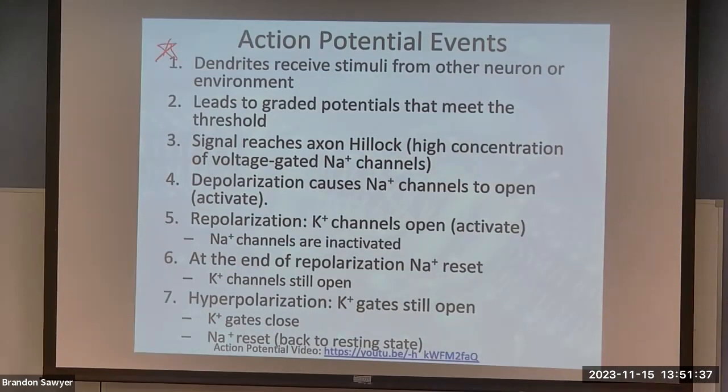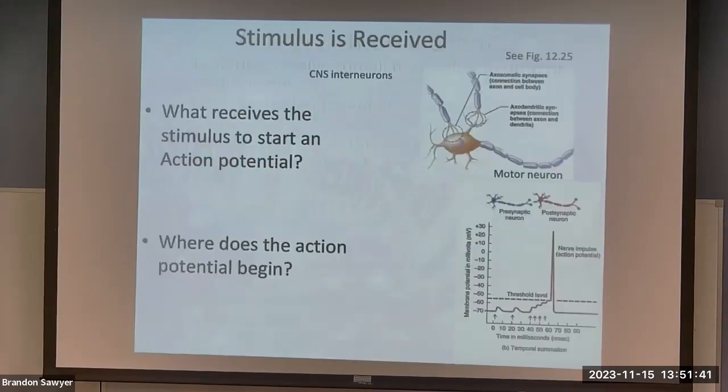Okay, so these are the steps that we just walked through. What we'll talk about first is how this all begins. When we're talking about a motor neuron, here's a motor neuron right here. But then we see another neuron, or maybe 2 different neurons, coming and interacting with that motor neuron. We can see that the axons of what we would call higher order neurons are interacting with that motor neuron, and they're going to be starting the action potential on it.